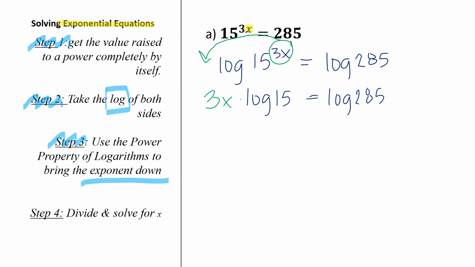Now that the variable is no longer in the exponent position, we can solve for x. Step 4: divide both sides by log 15, because I need to get x by itself.